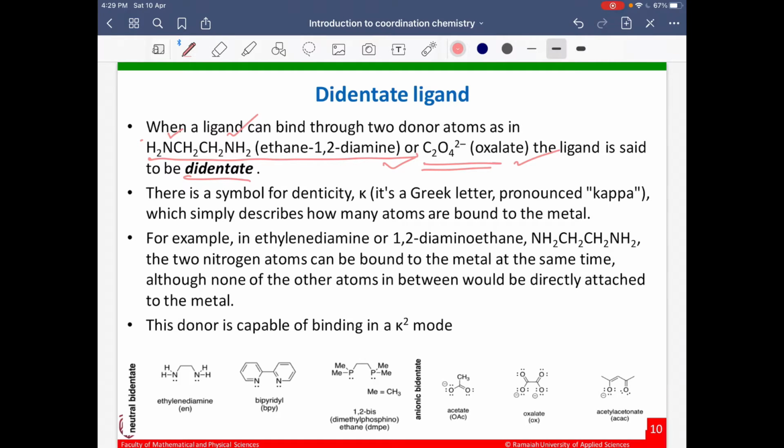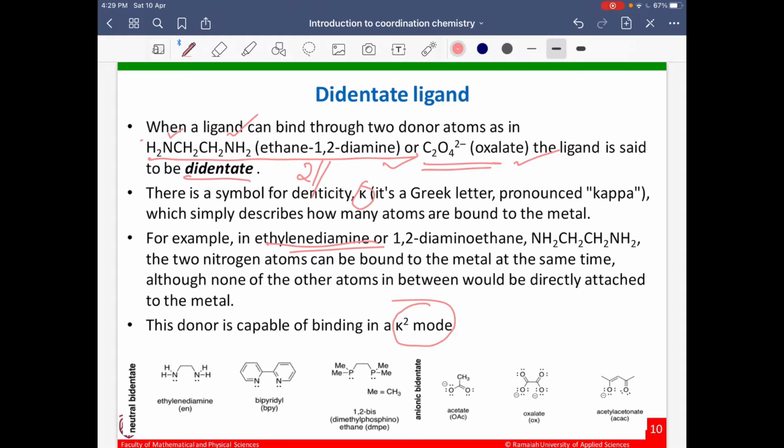There is a symbol for denticity, the Greek letter kappa, which simply describes how many atoms are bound to the metal. For example, ethylenediamine is didentate, so denticity is 2. So we write that ethylenediamine is a donor capable of binding in κ2 mode.